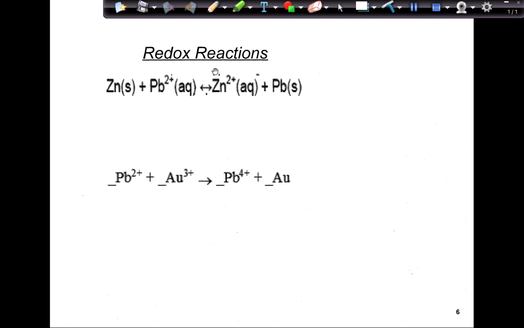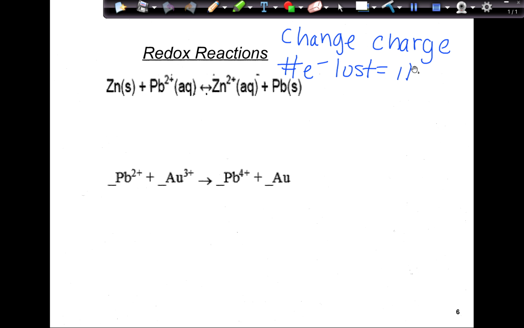For redox reactions, remember that redox reactions have to have a change in charges. The number of electrons lost has to equal the number of electrons gained. There must be a balance of charge. So here we have zinc 0 combining with lead plus 2, making zinc plus 2 and lead 0.